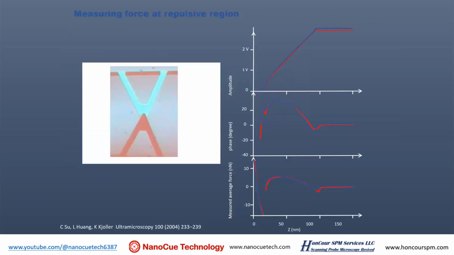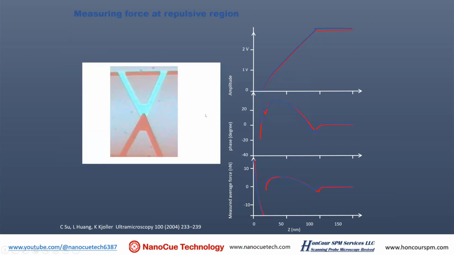Okay, this is a very smart experiment, and they actually tried to measure this attractive repulsive force in a real experiment. Here, the first line is the amplitude resistance curve. The second line is a phase resistance curve, which we can measure. The third line is something unique.